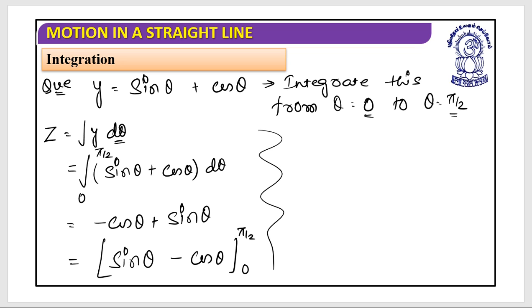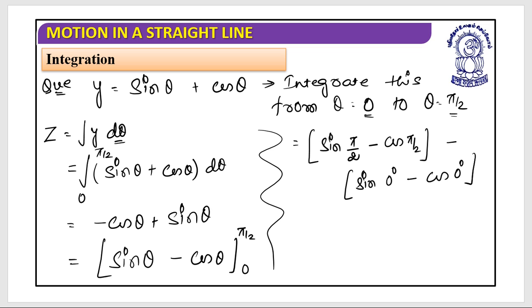Now let's put in the values. That is, the upper limit minus the lower limit. So this would be sine of pi by 2 minus cos of pi by 2, minus sine of 0 degree minus cos of 0 degree.